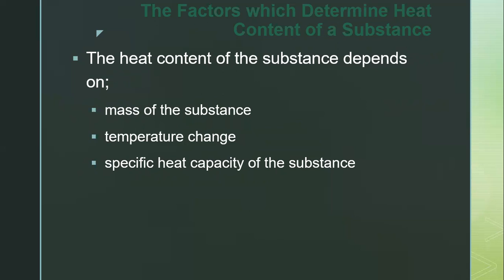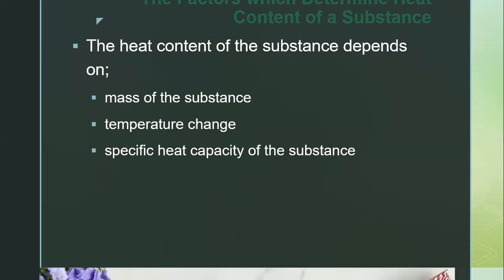Temperature change means that the variations of temperature will also determine the amount of heat content. And the specific heat capacity of a substance will also determine the amount of heat content of a substance.